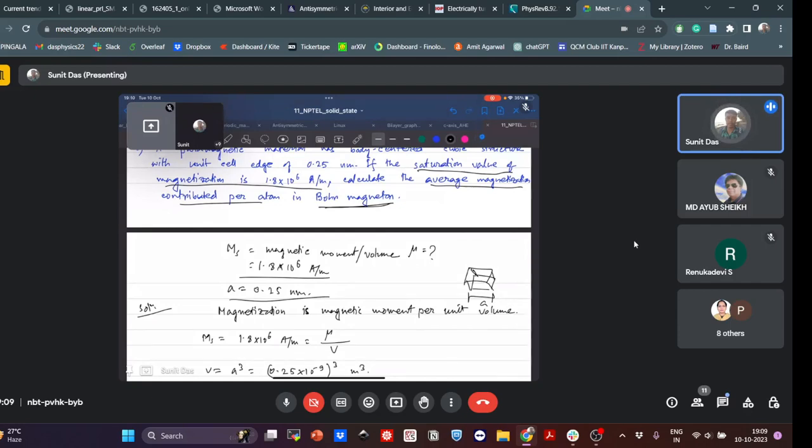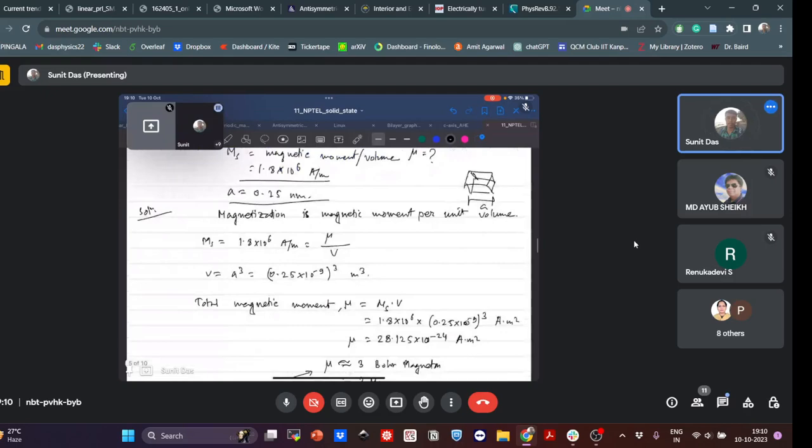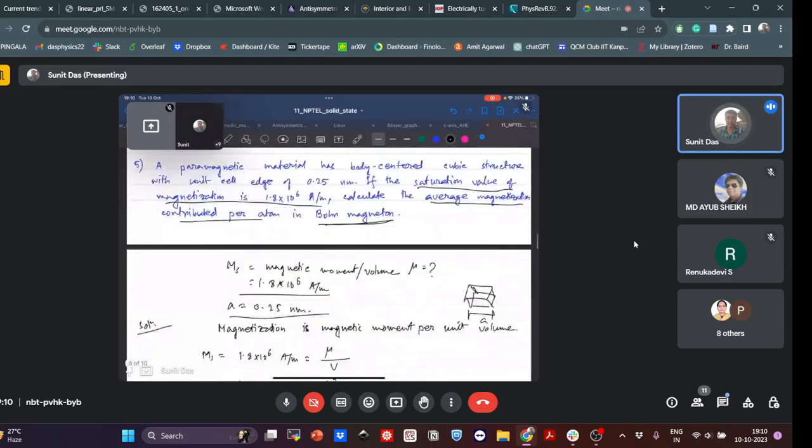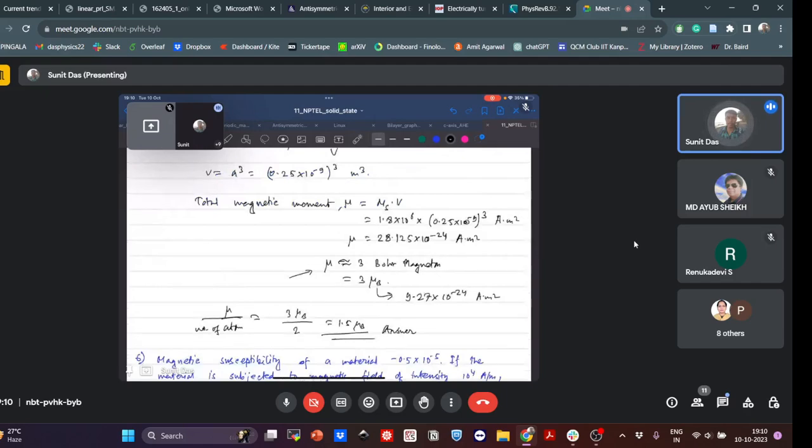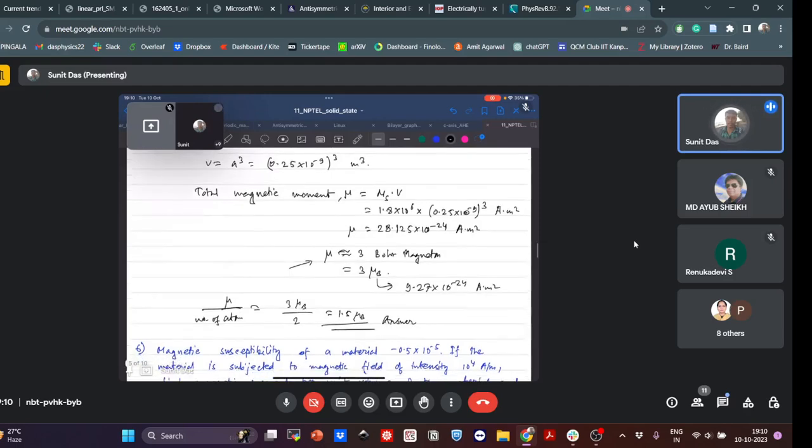A little bit of confusion can arise there, because when we say magnetization, it essentially says mu by V, per unit volume. But in this case, we have found the absolute magnetic moment per atom, meaning how much magnetic moment one atom contributes.